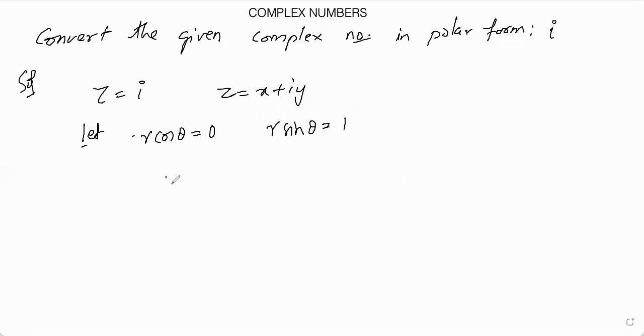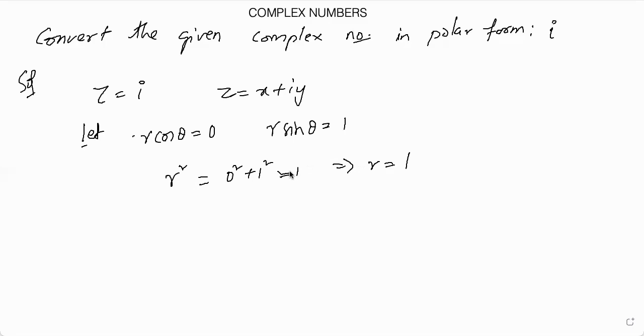Squaring and adding, you get r square times cos square theta plus sin square theta, which is 1. On the right hand side, 0 square plus 1 square is 1. This implies that r is equal to 1.